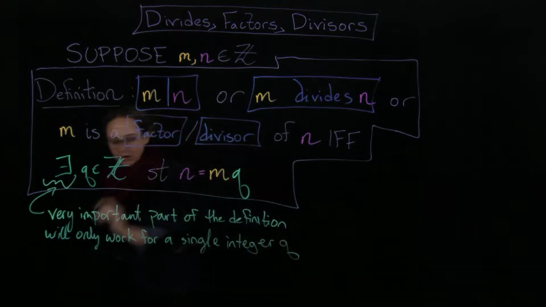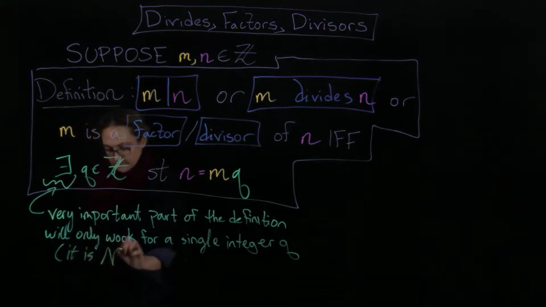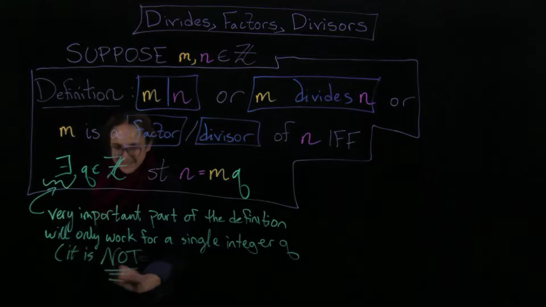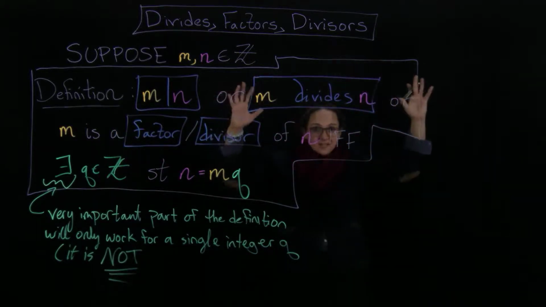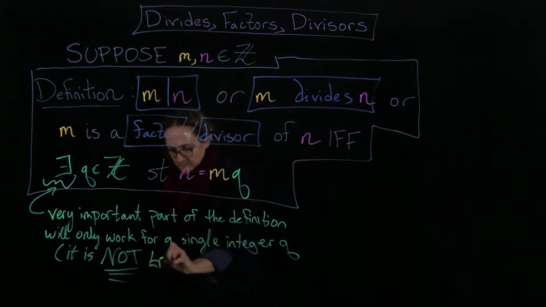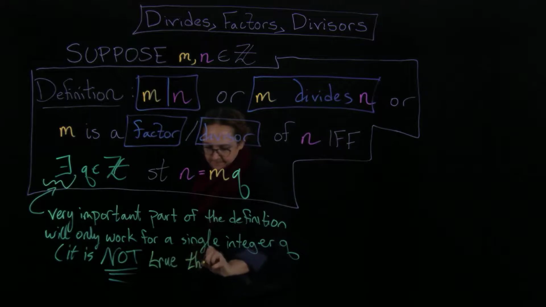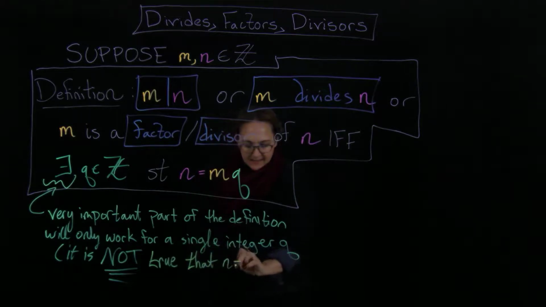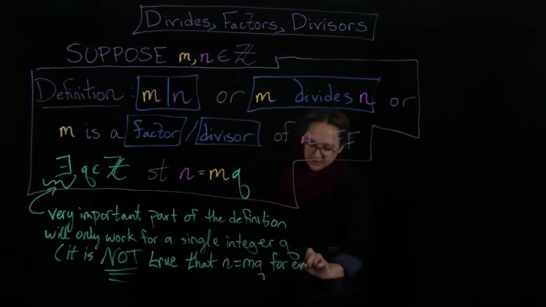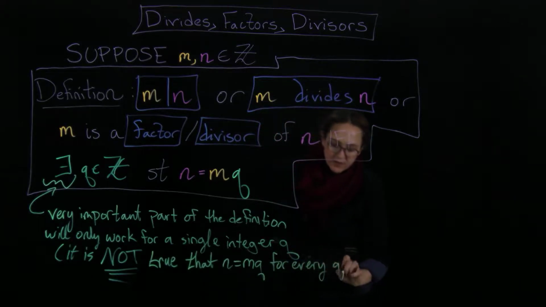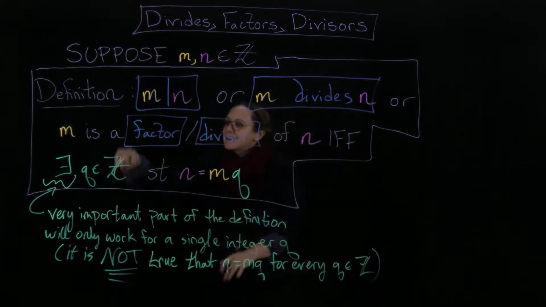It is not true, and this is me being very emphatic, that n is going to equal m times q for every q in the integers. So it's very important that you distinguish these little things.